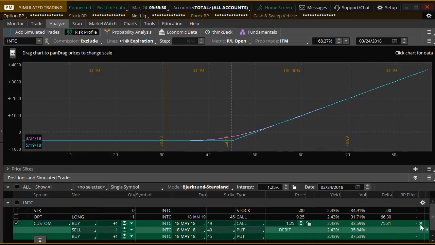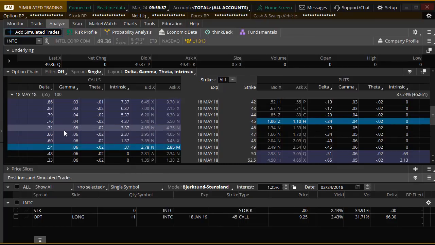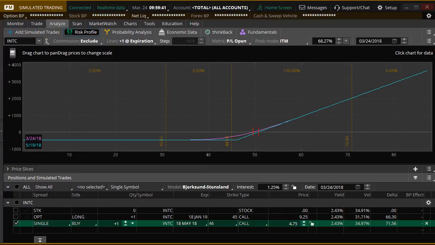Okay, let me show you this just to compare. We're just going to grab a long call. The same position, right? It's the same trade.